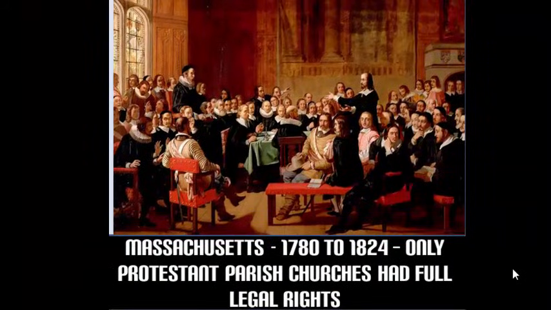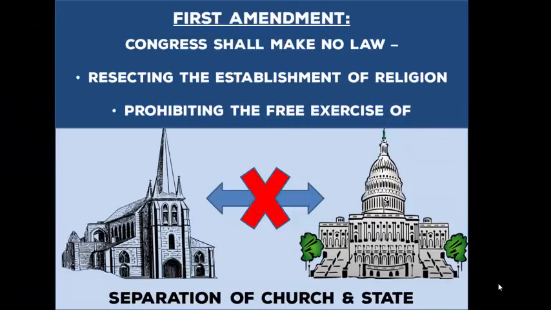Even in the United States, Massachusetts had an official religion in which only parish Protestant churches had full legal rights. However, the First Amendment helped establish the official break between the government and religion, known as separation of church and state, so that governments could not favor one church over another, and that all religions could practice without government favoritism.